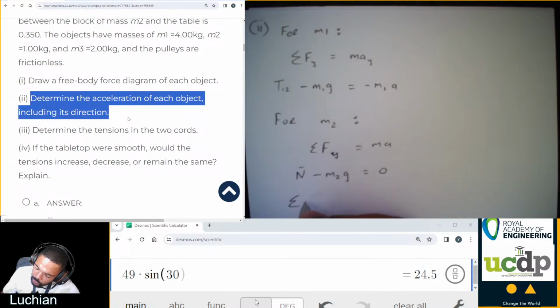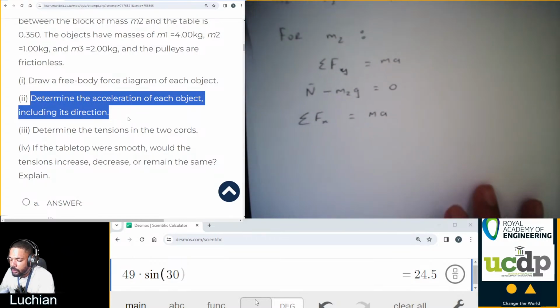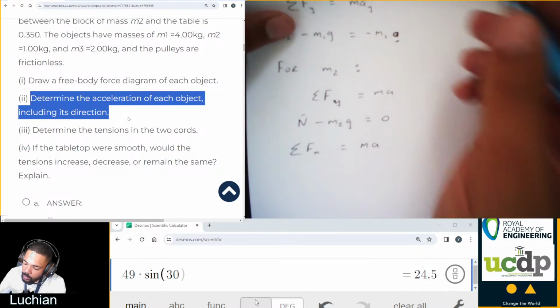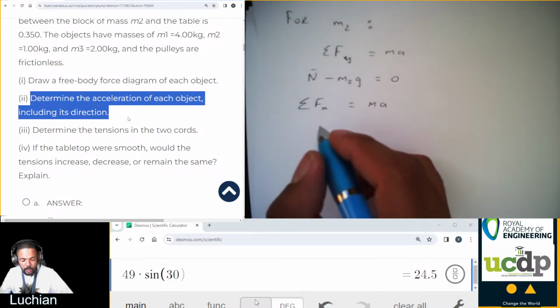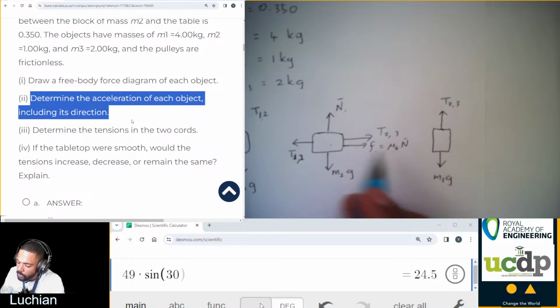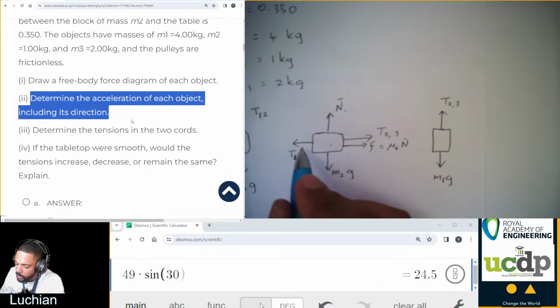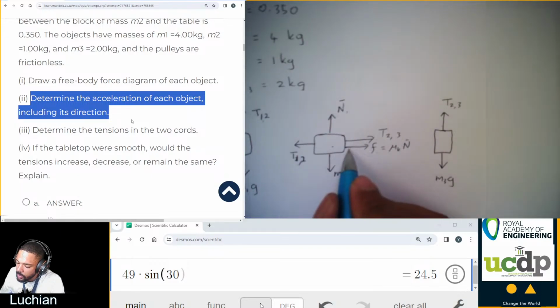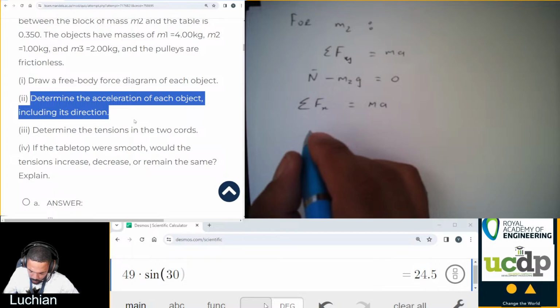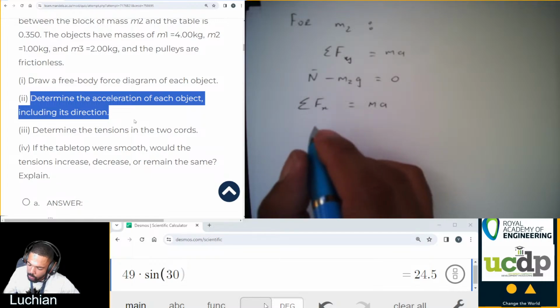Now the sum of the forces in the x direction is equal to ma, the acceleration being the exact same as that acceleration there. That's not a 9, that's an a. The forces in the x direction are T12, the tension in the cable on the left hand side, T23, the tension in the cable on the right hand side, and the friction, of course. We can choose either one as positive, so let's choose to the left as negative.